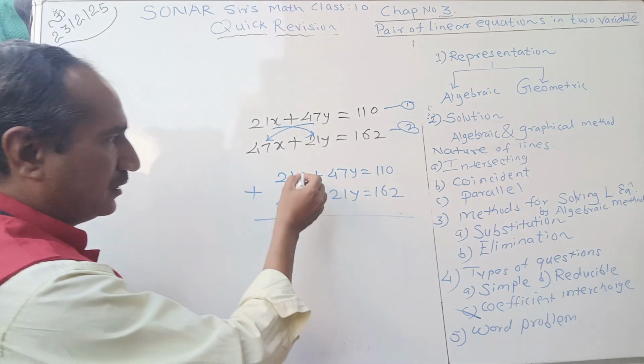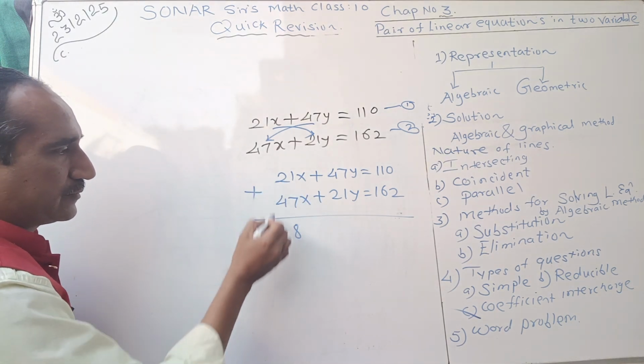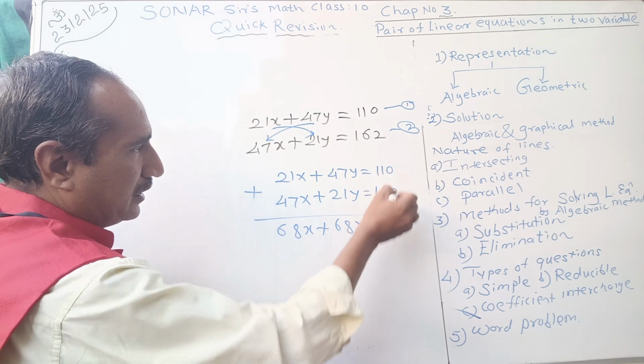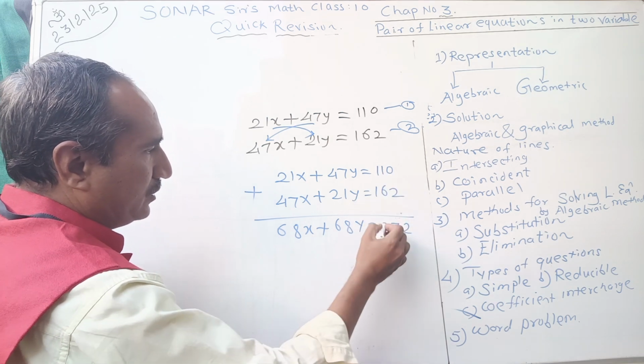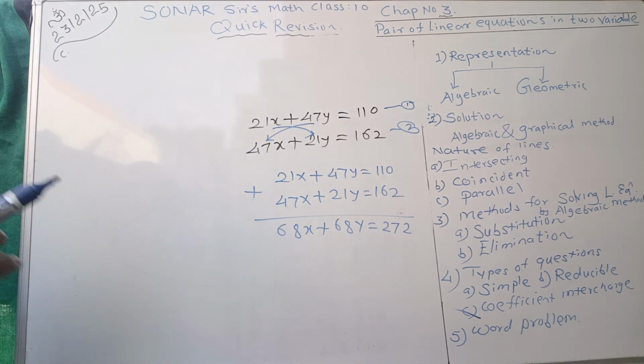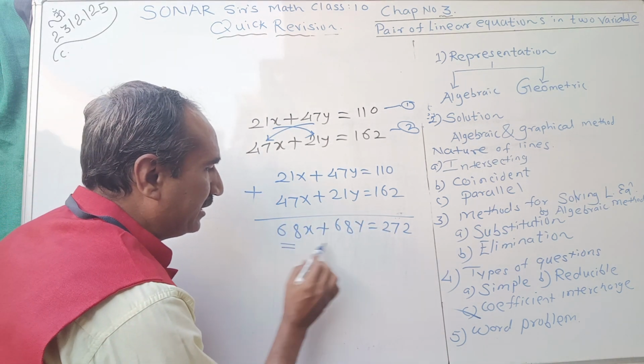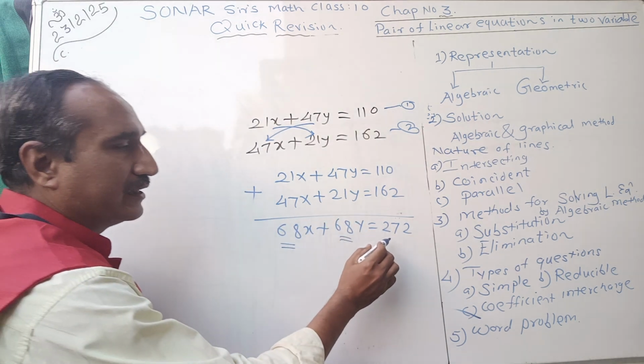We add: 21 plus 47 is 68, so 68x, again 68y, and 110 plus 162 is 272. Always remember, whatever the addition gives, it will be easily divisible by the coefficient of x and y.